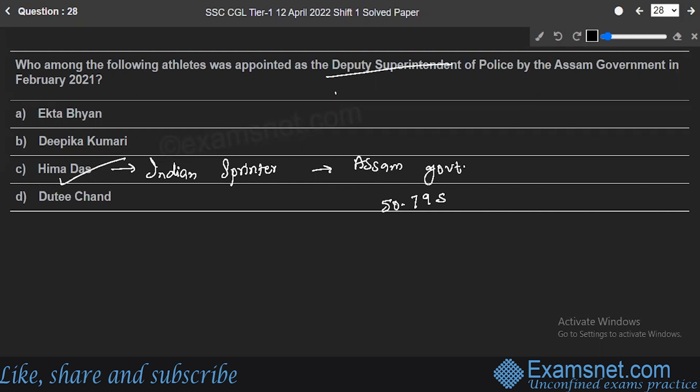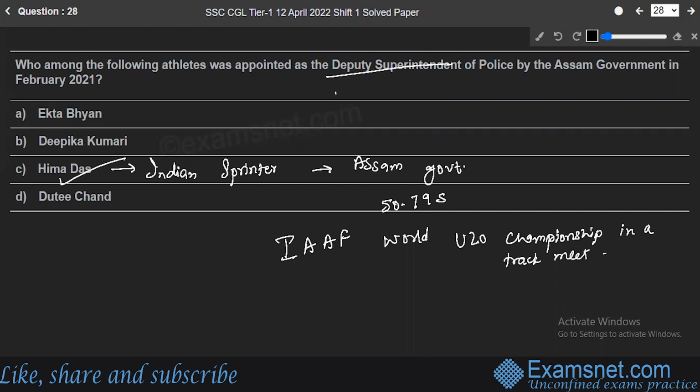She's the first Indian athlete to win a gold medal in the IAAF World U20 Championship in a track meet. So the answer to the question is option C, Hima Das.